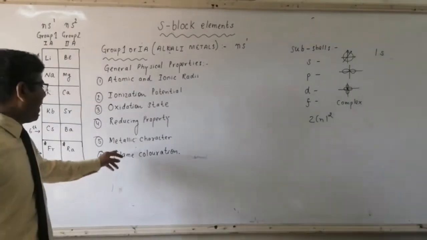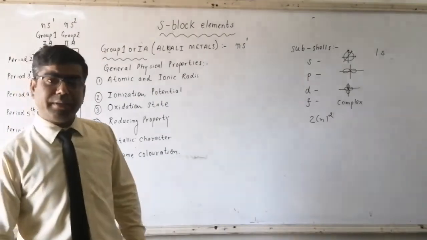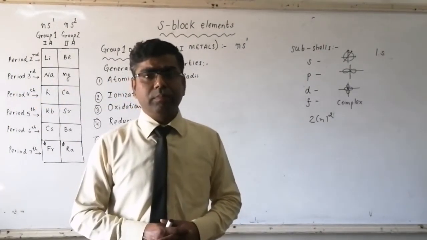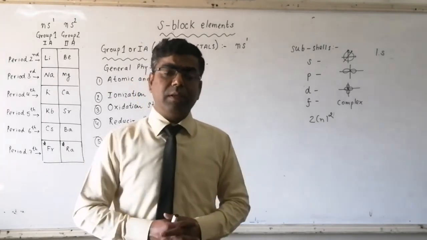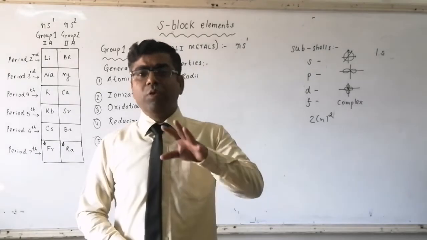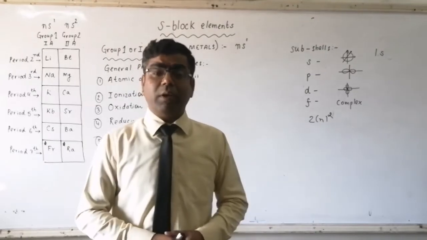Then we have the next one, metallic character. What is metallic character? Metals are those elements which have electron losing tendency. If an element can lose electrons easily, it is called more electropositive, or it is called more metallic.